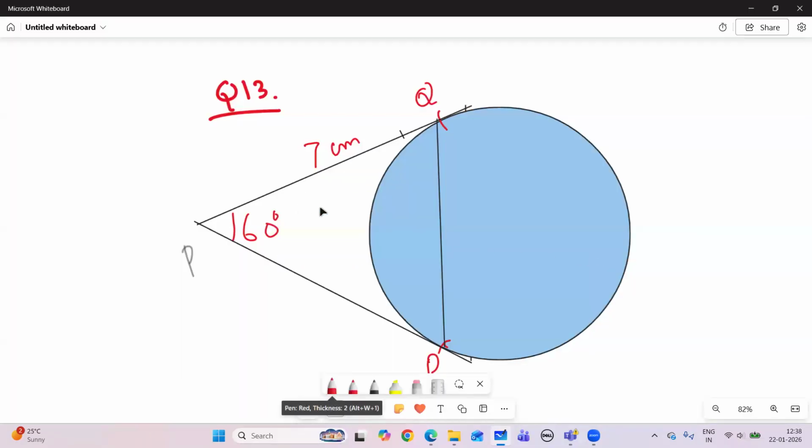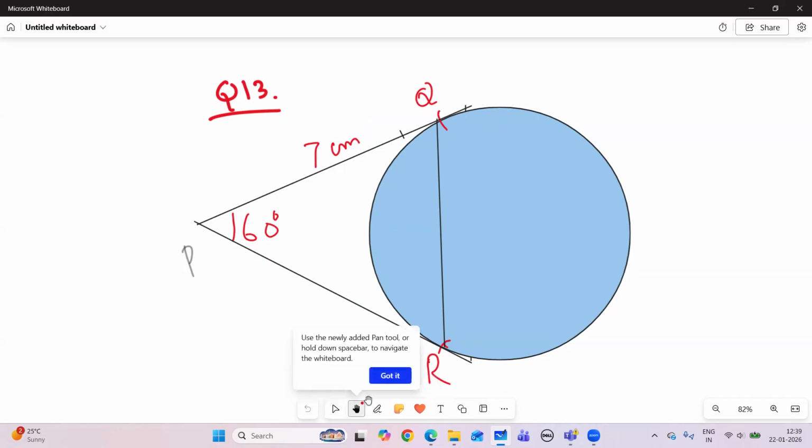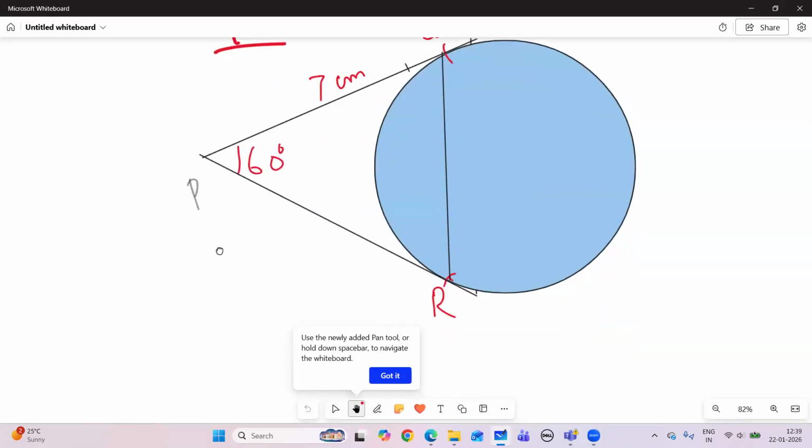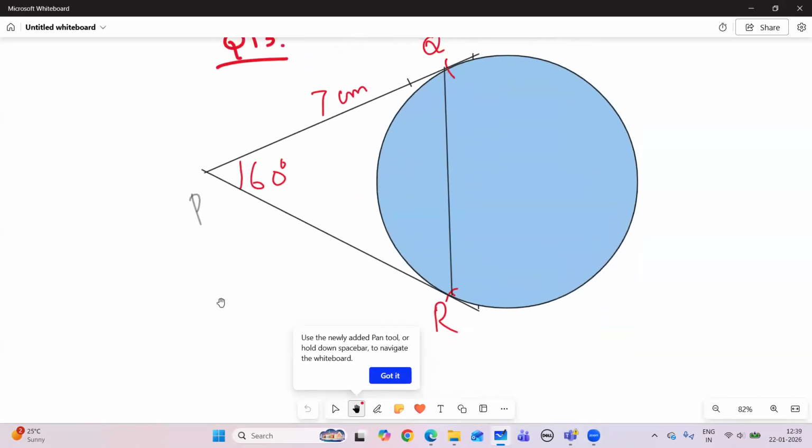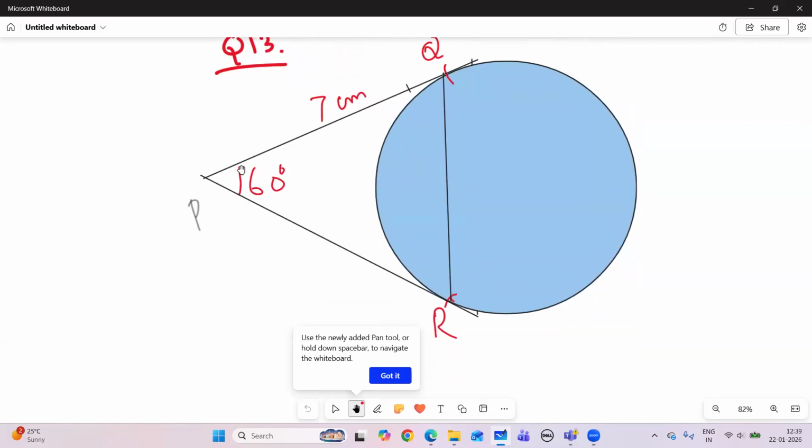Now, we are given a circle and an external point P, from which two tangents PQ and PR are given. PQ is given to be 7 units.